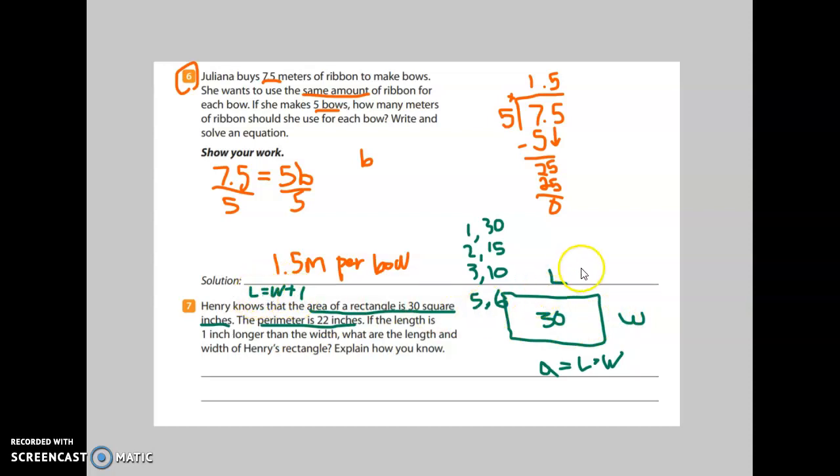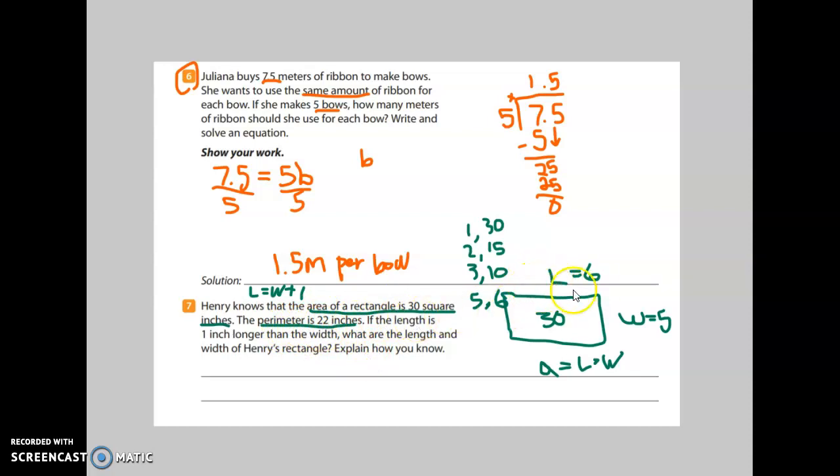So this could work, because if my length is 6 and my width is 5, it meets two criteria so far. 5 times 6 is 30, and if I put a 5 here, 5 plus 1 is 6, which is another true part. But we also need to make sure that the perimeter equals 22.